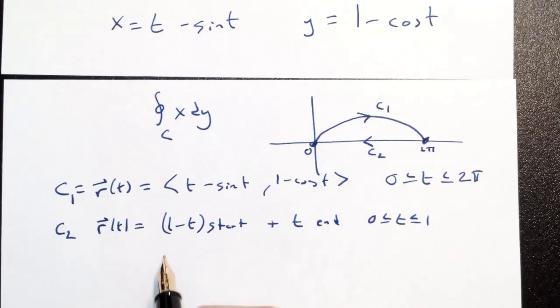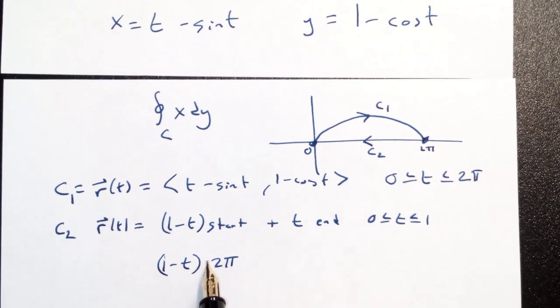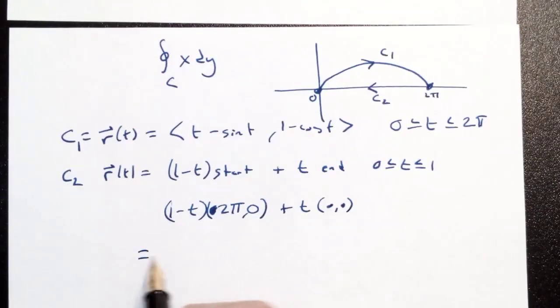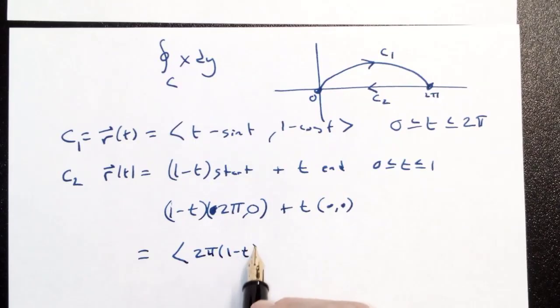So this is (1 minus t) times (2 pi, 0) plus t times (0, 0), which makes r of t equal to (2 pi (1 minus t), 0).